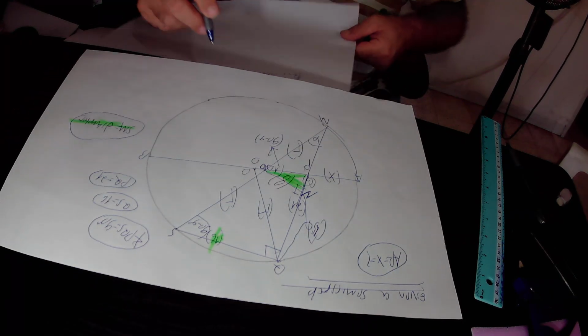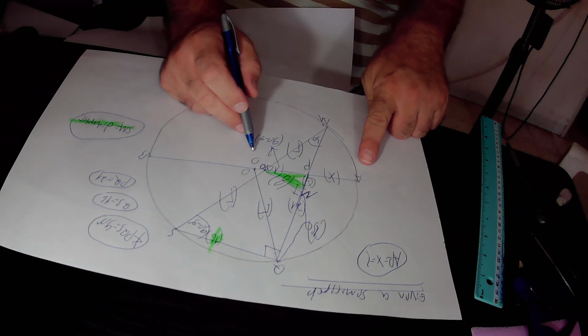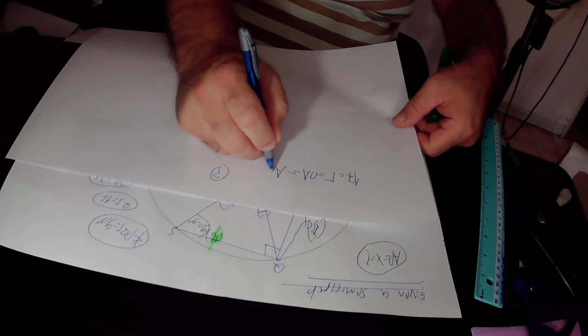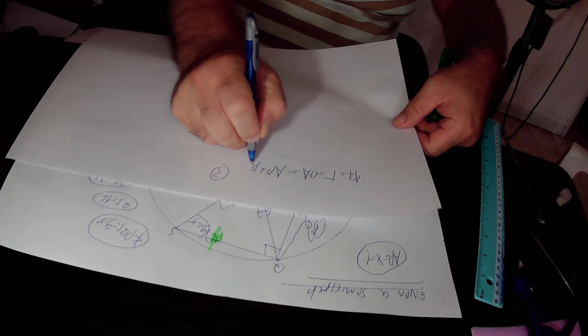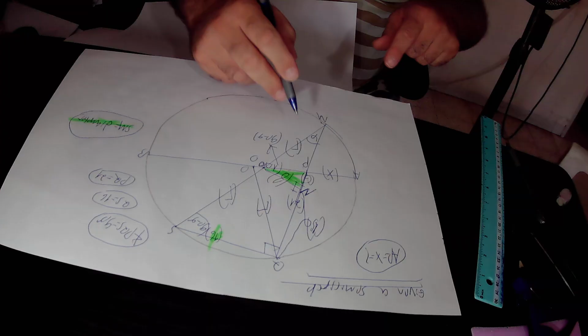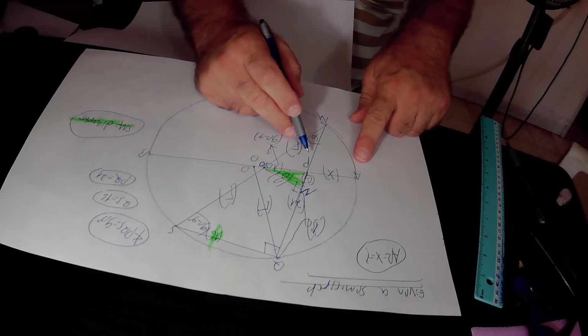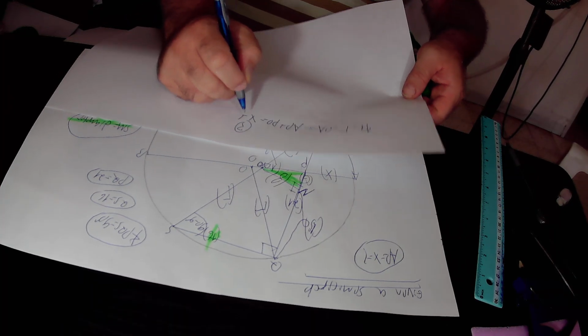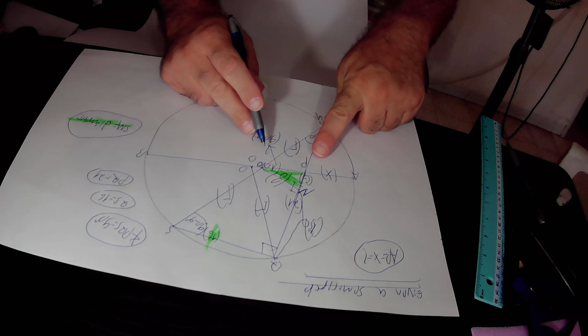OA itself equals AP plus PO. AP is the line segment that we are looking for in this question. It equals X, plus PO. PO equals 10 units in its length according to what is given in the question.